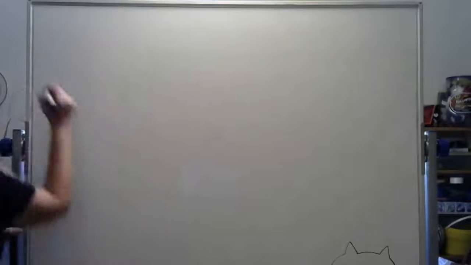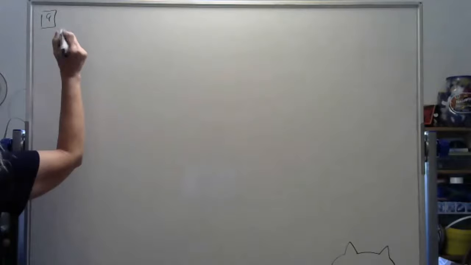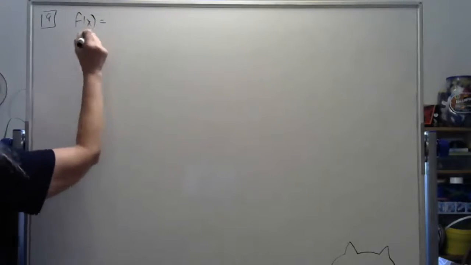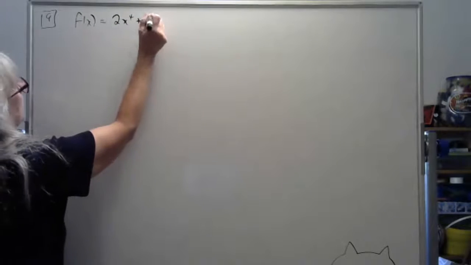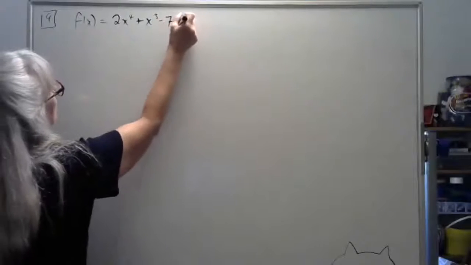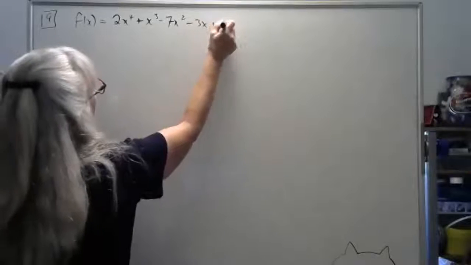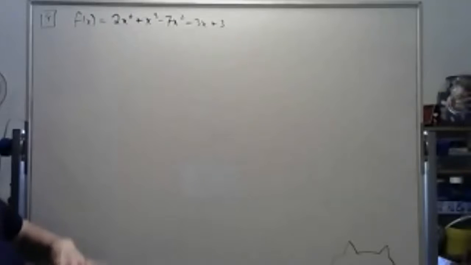No. That's also true in pre-calculus. Okay, so our last one we're going to do, f of x equals 2x to the 4th plus x cubed minus 7x squared minus 3x plus 3. So the same process, the only difference is now it's a 4th degree.